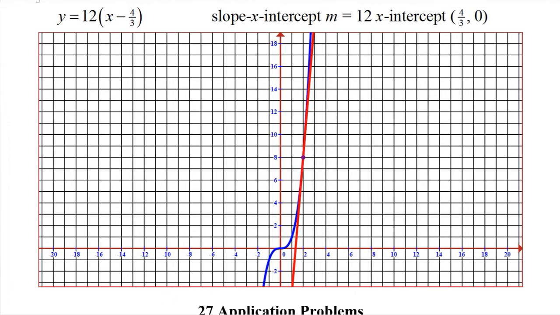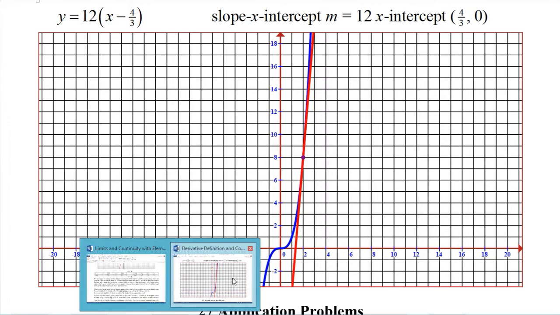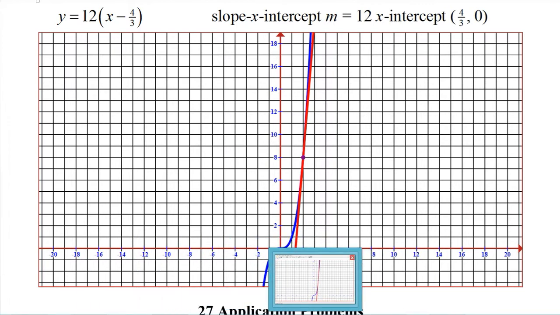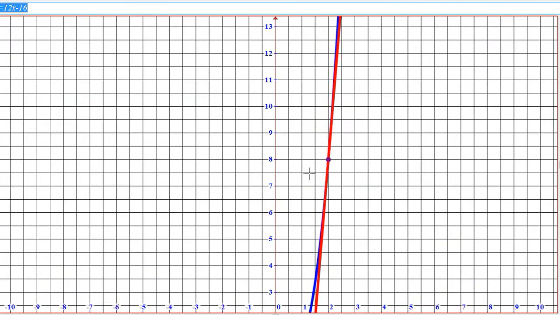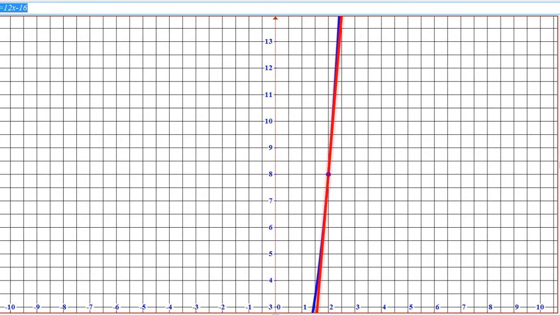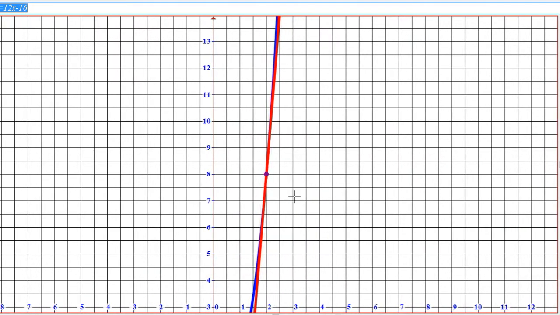Okay. And then let me also do a couple other things and show you something once again about this local linearity idea. If we zoom in on this point of tangency, so we've zoomed in, still you can see they're going to be pretty good approximations, say between 1 and 2. Let me change.